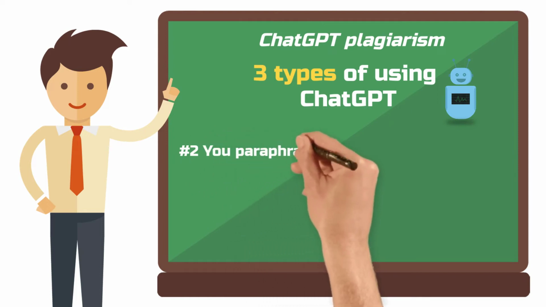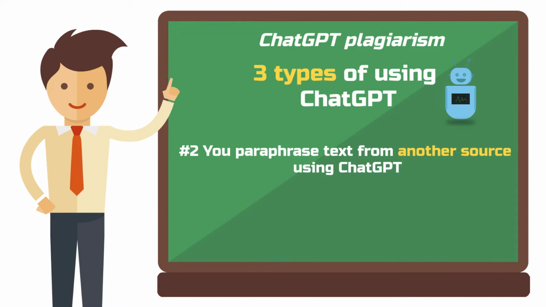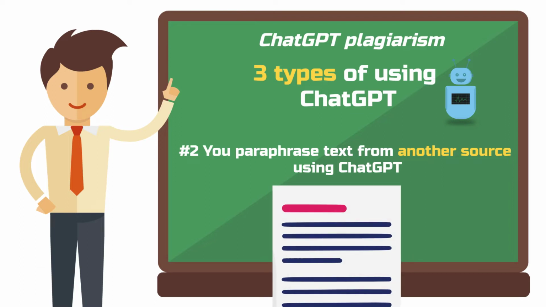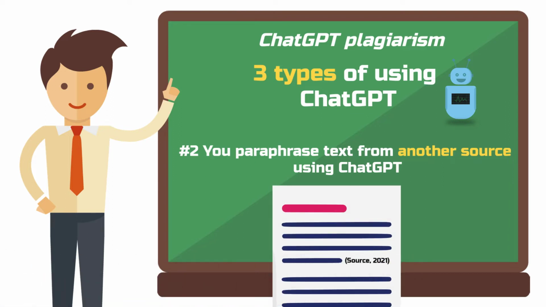Second, you paraphrase text from another source using ChatGPT. Of course, you could also come up with the idea of having ChatGPT rewrite a text from another source. Now it depends on whether you make the original source visible or not. This was the decisive criterion before ChatGPT and still is.